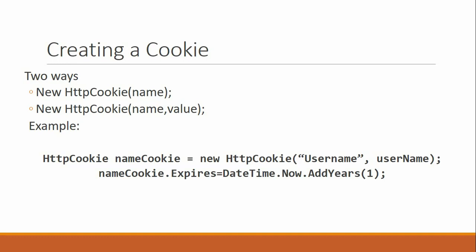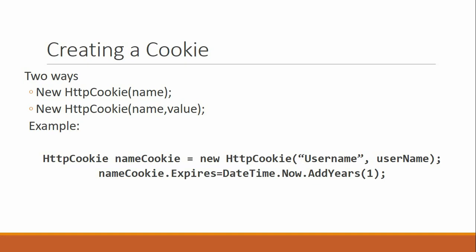Look at the next line. I've said nameCookie, that's the object. From now on, you only need to focus on the object. Only for creating a cookie do you need to use new HttpCookie with a name or name and value. If you want to add anything to it, you can see nameCookie.Expires equal to, you are adding a property called expiry date. So you say nameCookie.Expires = DateTime.Now.AddYears(1).